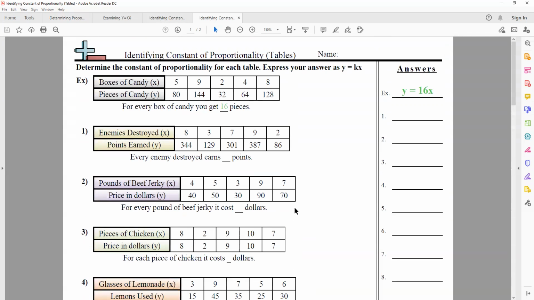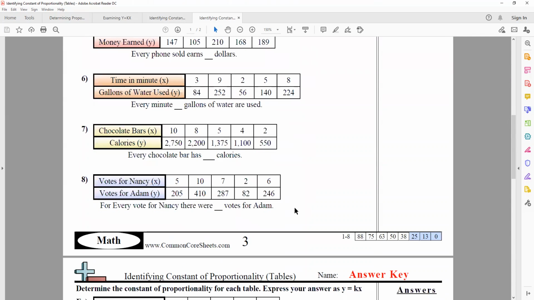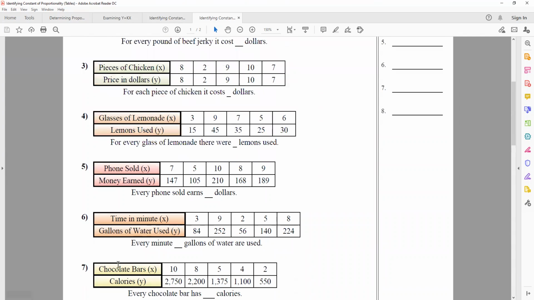Identify, determine proportion. Hold on, let me see.